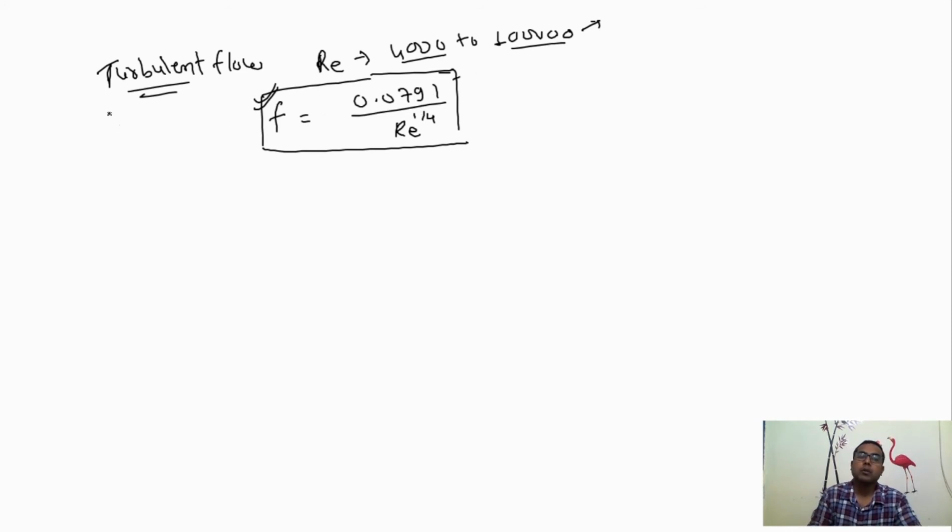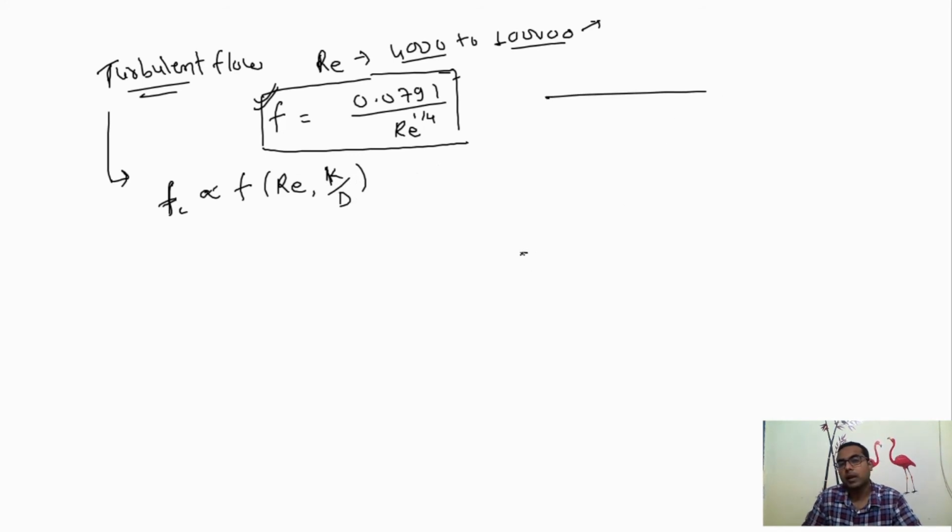And you have to remember one more thing: which parameters your coefficient of friction depends on. Definitely it's a function of Reynolds number, but also a function of K divided by D. So why K divided by D? Let's see it.